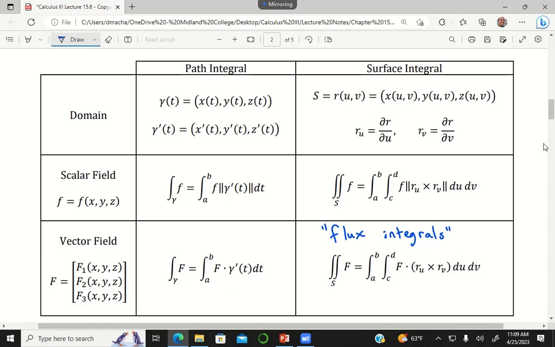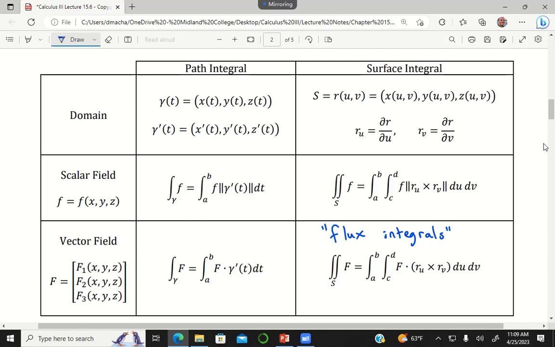If you do a surface integral over, let's say, a magnetic field, so a magnetic field would be a vector field, then you would call that magnetic flux. You'd be asking, what's the magnetic flux over this surface? You could also say the same thing for electric flux if you've got charged particles moving through an electric field.